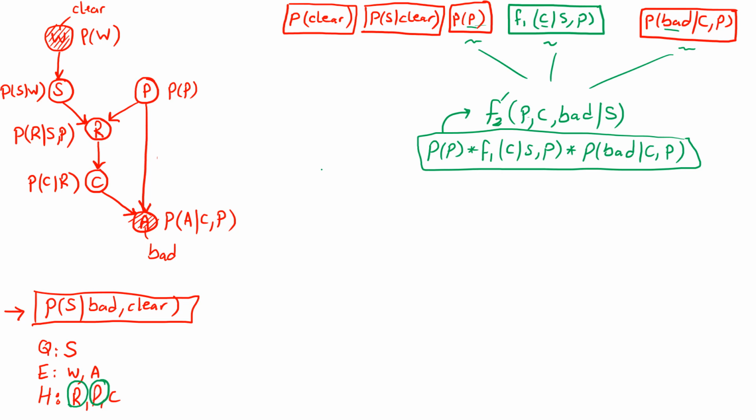I need to sum over the variable that I want to eliminate. So sum over P of that will give me a new factor.